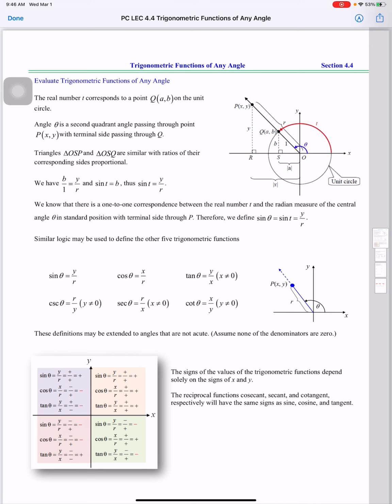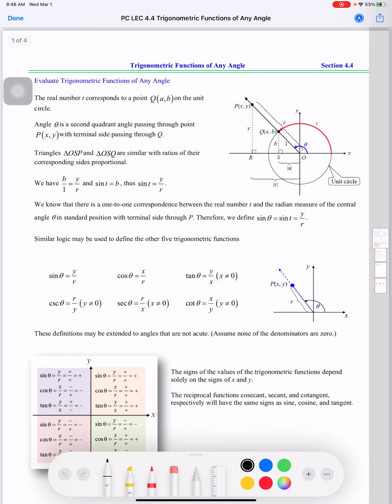I'm not going to spend too much time on this because you can read it, but to get the basic idea, we can take the idea of that unit circle and extend it, which is what they are doing here. They're saying that we can extend our radius beyond 1.